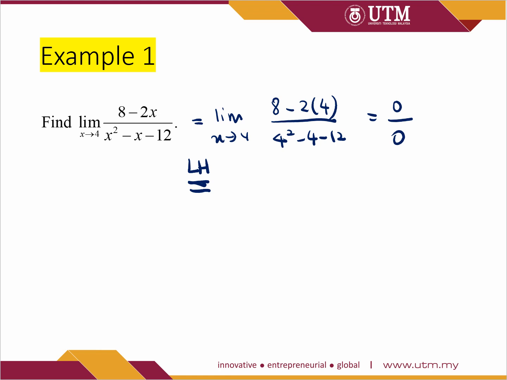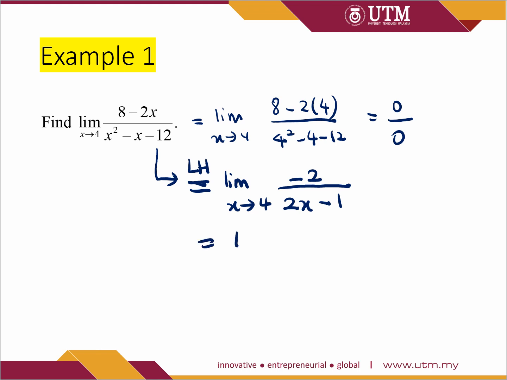Now that we want to apply L'Hopital's rule, this limit becomes, we have to find the derivative of 8 minus 2x. The derivative of 8 minus 2x with respect to x would be negative 2, and then the derivative of x squared minus x minus 12 would be 2x minus 1, with x approaching 4.